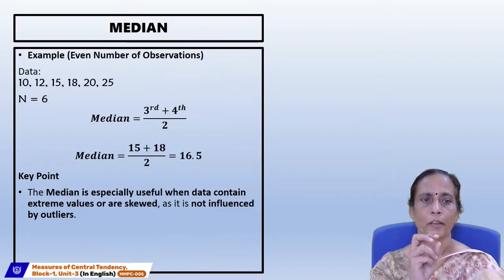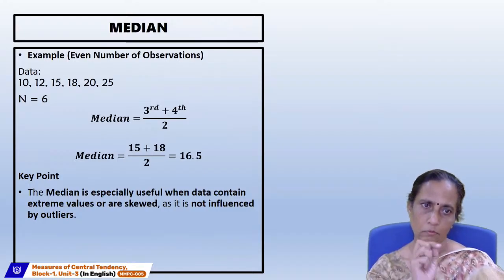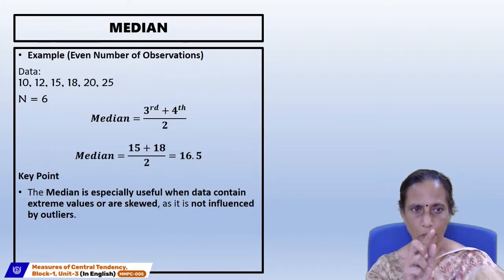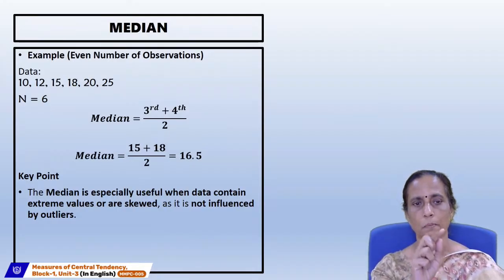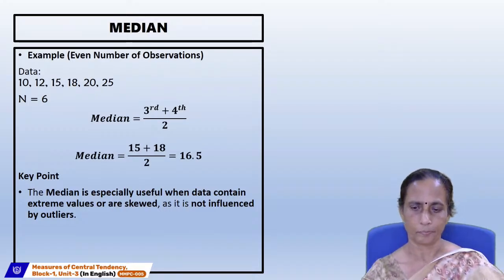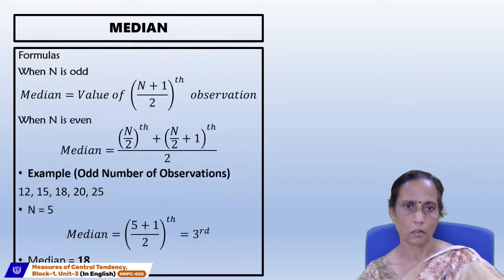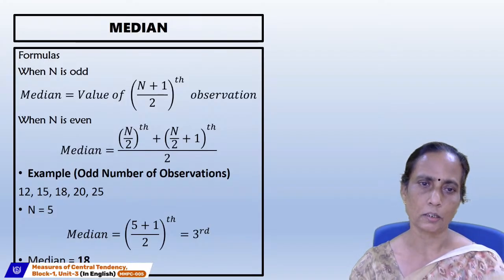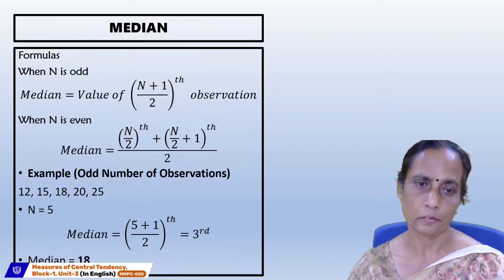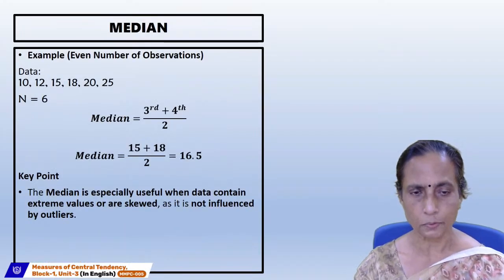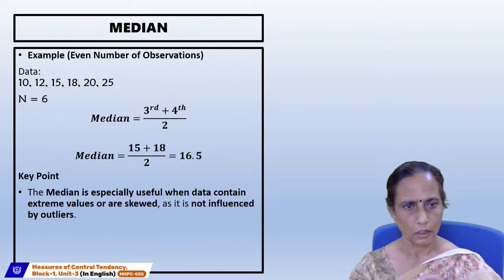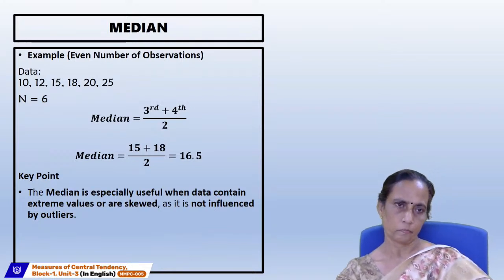In this case, it is n by 2, that is 6 by 2 is 3, and n by 2 plus 1, that is 3 plus 1 is 4. The third plus fourth by 2, that is 15 plus 18 by 2, that is 16.5, is my median.